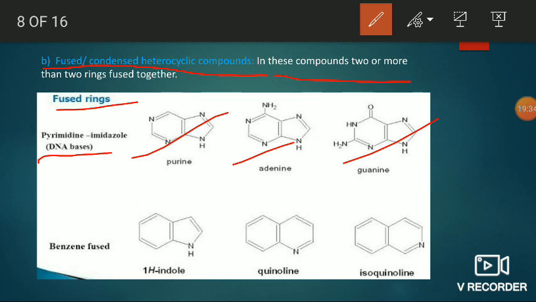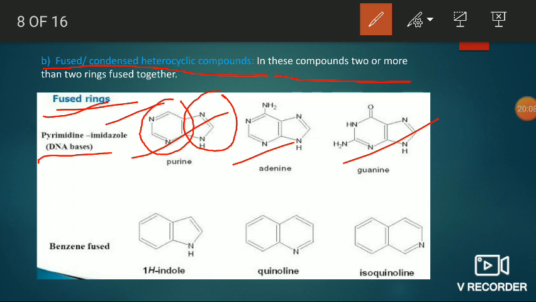They are formed by the fusion of a pyrimidine ring and an imidazole ring. Due to the fusion of pyrimidine and imidazole, we get the DNA bases purine, adenine, and guanine.